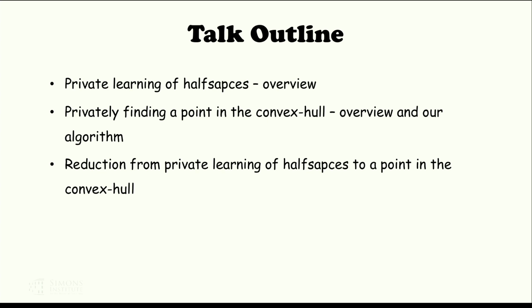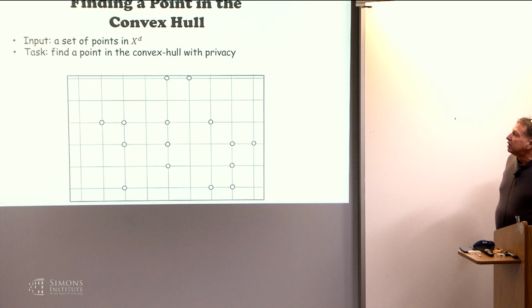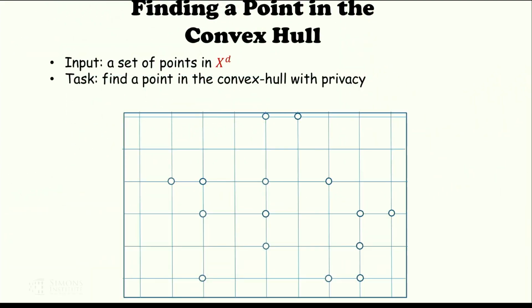Let's move to the second part, privately finding a point in the convex hull. So what is the problem? We have a set of points inside the grid x to the d, and the task is to find a point inside the convex hull of the points.